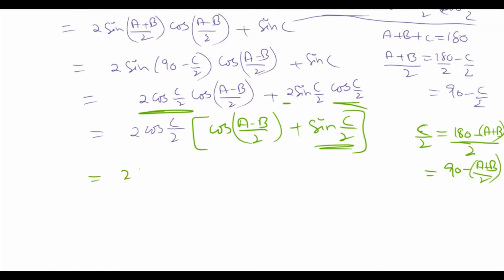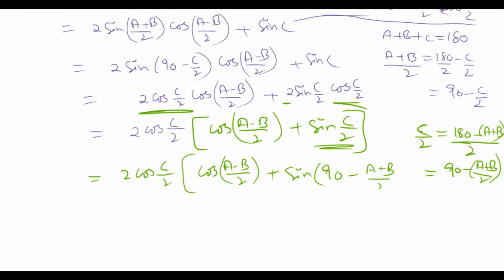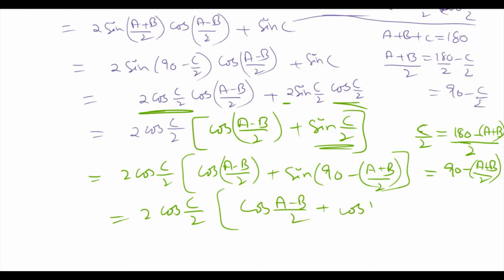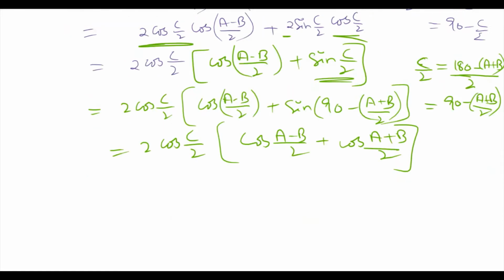That equals 2 cos C/2 of cos of (A minus B)/2 plus sin of (90 minus (A plus B)/2). That equals 2 cos of C/2 into cos of (A minus B)/2 plus cos of (A plus B)/2.